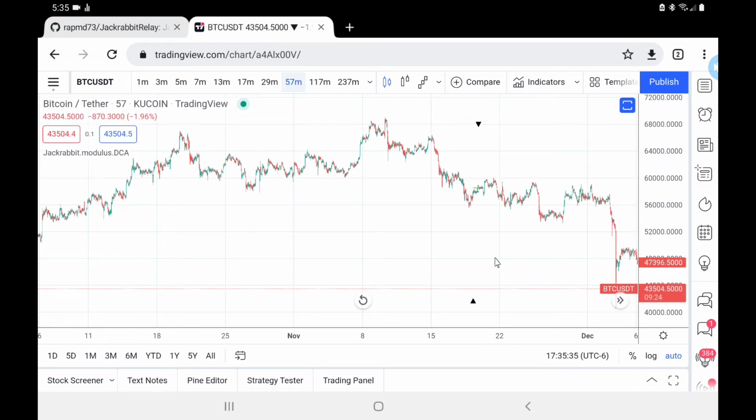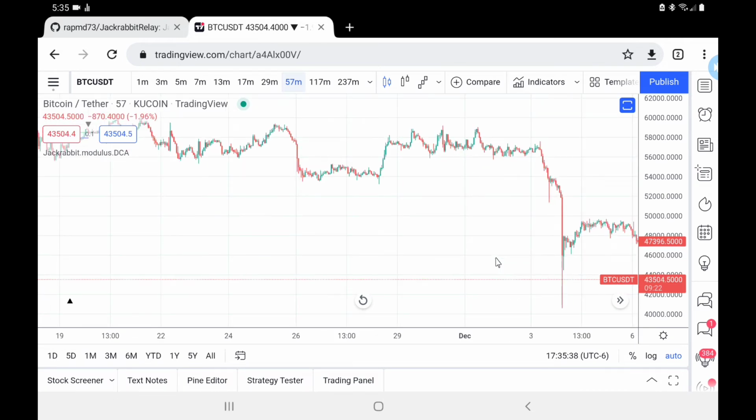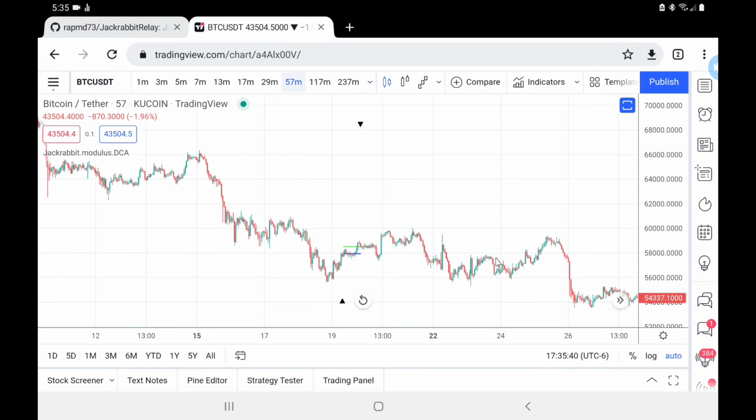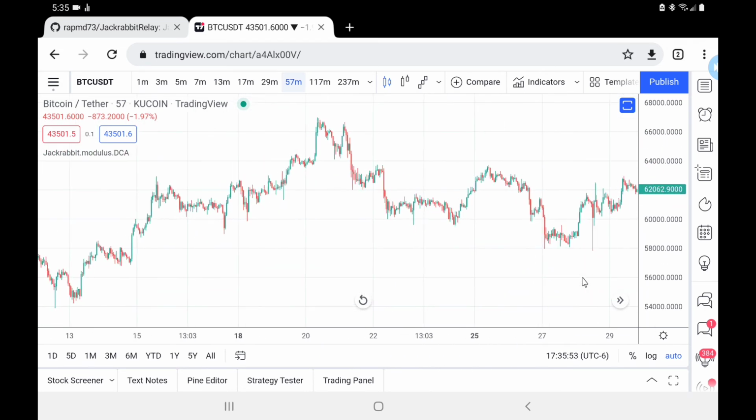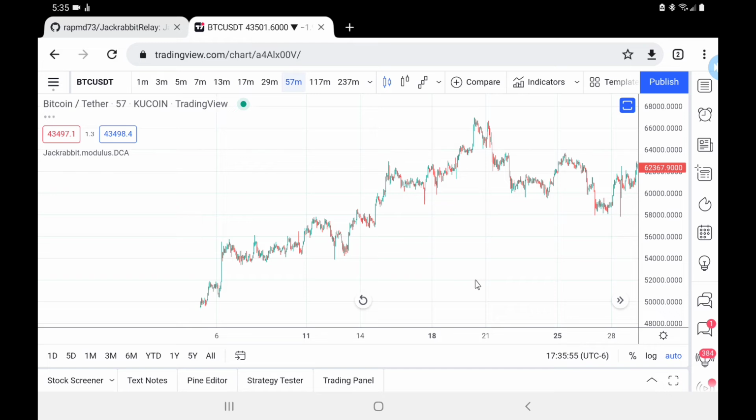Get in, get out. As you can see here, it got in, it got out, and then the market just fell apart again. So this recipe has proven to be very resilient in a lot of respects.